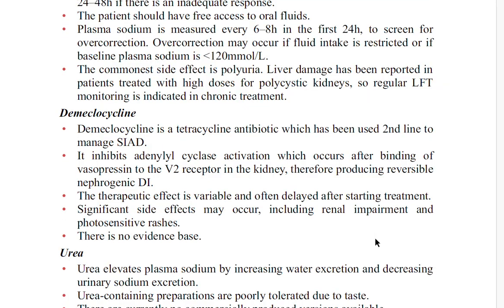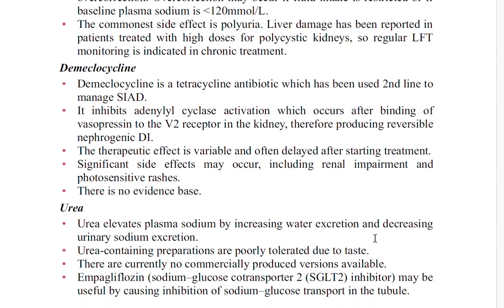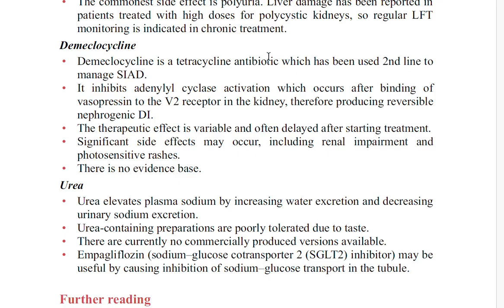Then there is demeclocycline. Demeclocycline is a tetracycline antibiotic which has been used second line to manage SIADH. So first line we have read is to fluid restrict, treat the underlying cause, then go for vaptans. Third one is demeclocycline. It inhibits adenylyl cyclase activation, which occurs after binding of vasopressin to the V2 receptor in the kidney, therefore producing reversible nephrogenic diabetes insipidus.